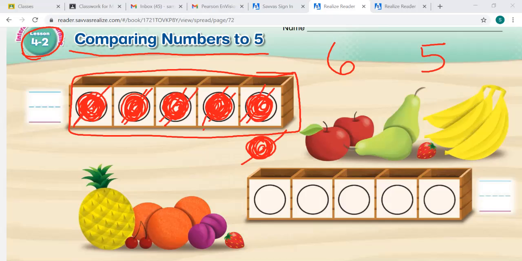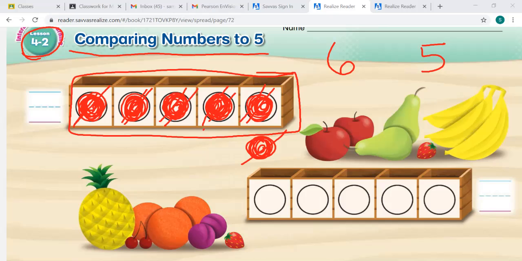So I know that 6 counters are more than 5 counters. And I know that the number 6 is greater than the number 5, or that 5 is less than 6.